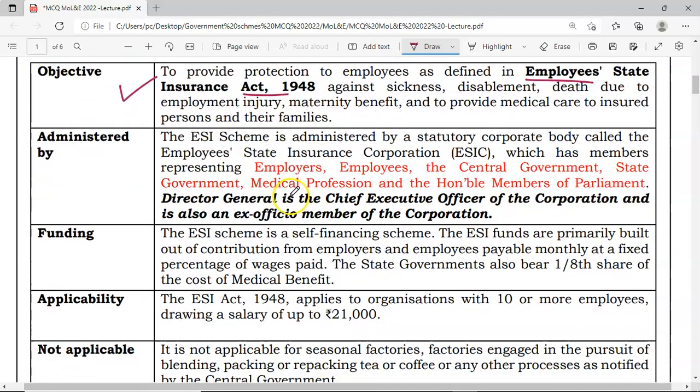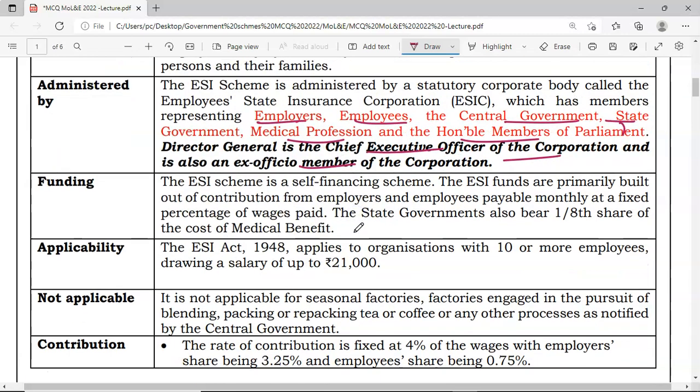Second, this ESI scheme is administered by the statutory corporate body called the Employee State Insurance Corporation, which has member representatives from employers, employees, central government, state government, medical professions, and honorable members of Parliament. The Director General is the Chief Executive Officer of the corporation and also an ex officio member.